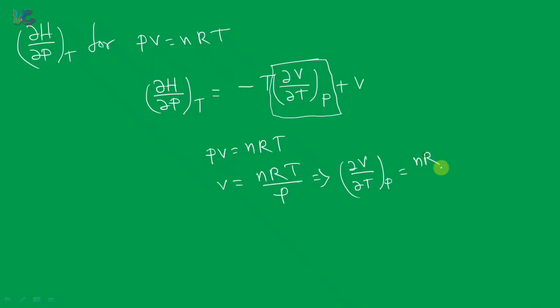That means nR by P will be outside the derivative sign, and differentiation of T with respect to T is 1. So del V del T at constant P you will get is equal to nR by P.